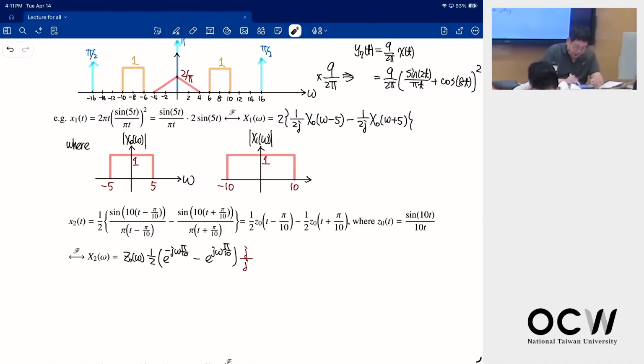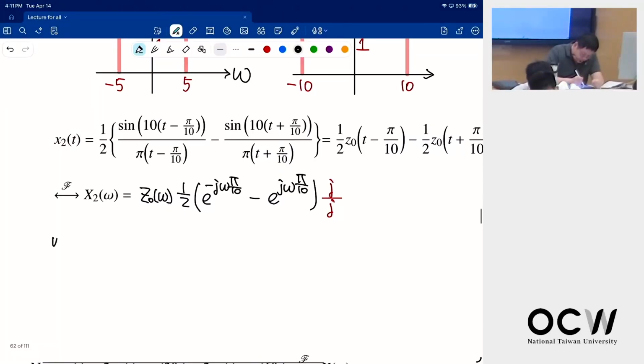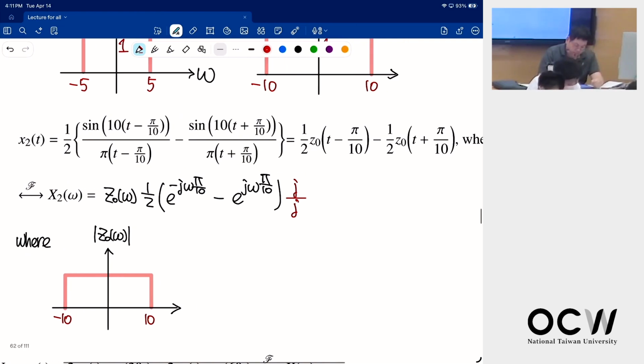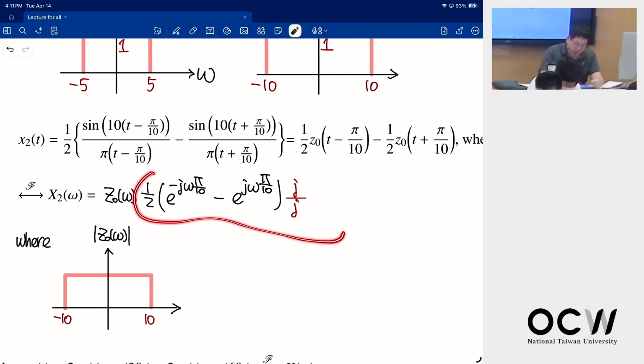So what is z naught omega? Sinc function. So for this sinc function, the width is 10. So from minus 10 to 10. And then at times this is like a sine function.